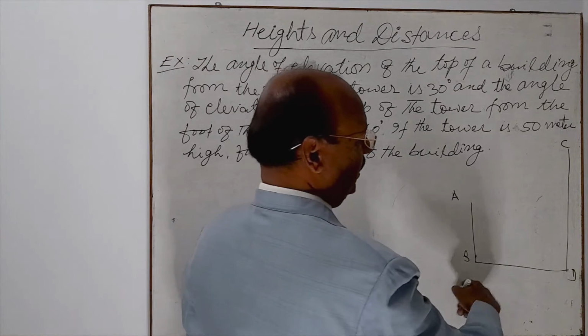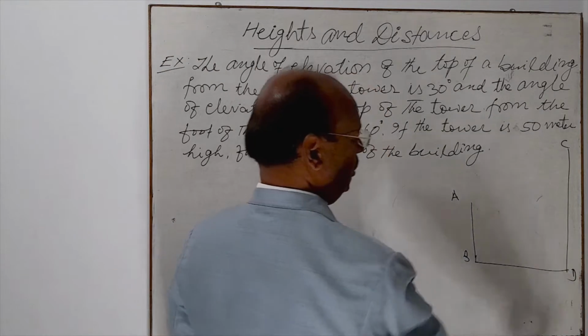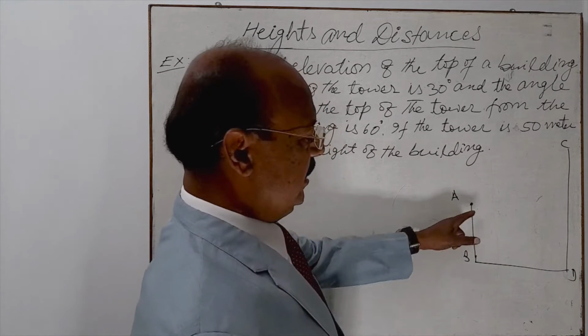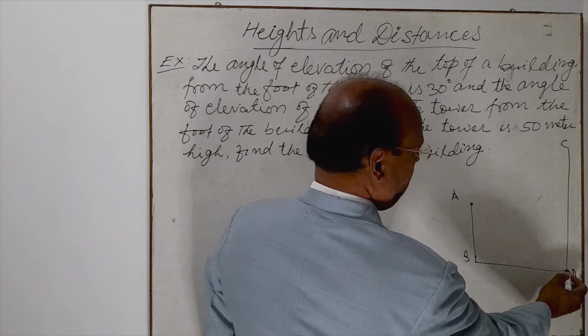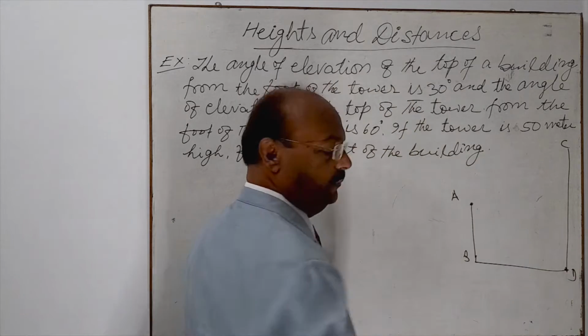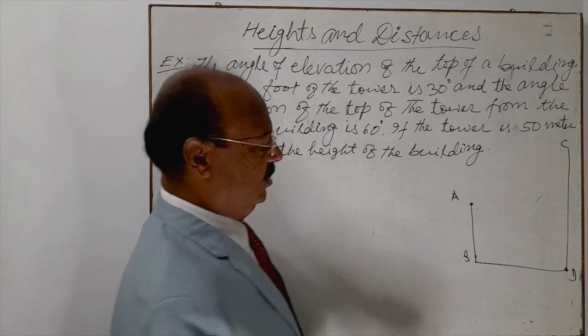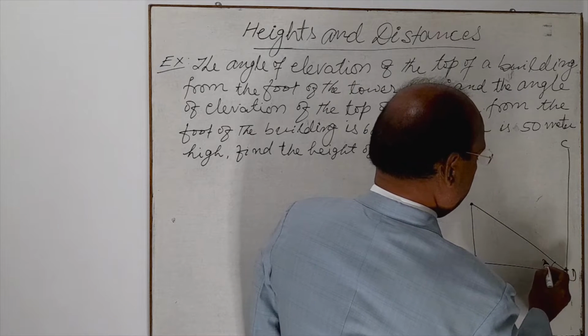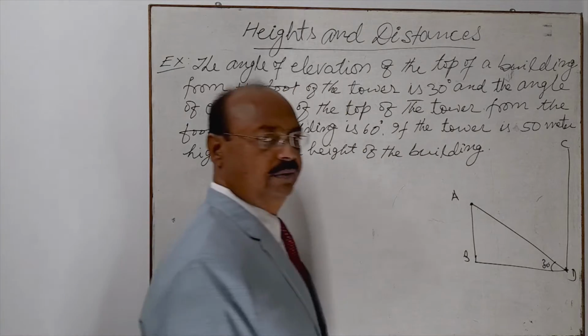Here AB is the building and CD is the tower. So the angle of elevation of the top of the building from the foot of the tower, meaning this point D, is 30 degrees. So let us join A and D. It means this angle is 30 degrees.